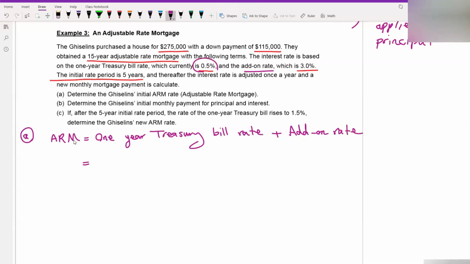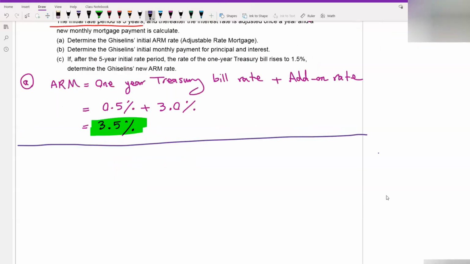These two are given: 0.5% plus 3% is 3.5%. Now determine the initial monthly payment for principal and interest.